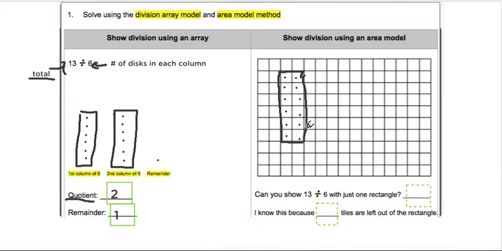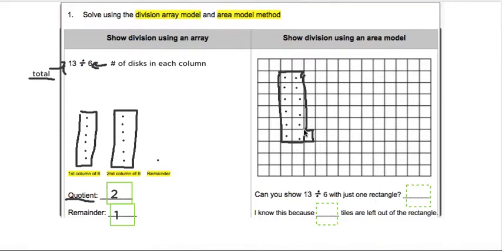And how many would be left over? There's 12 tiles here. How many more tiles would I need in order to get to 13? Fabulous, one more tile. So we're going to draw one more tile next to our rectangle. Were we able to show 13 divided by 6 with just one rectangle?